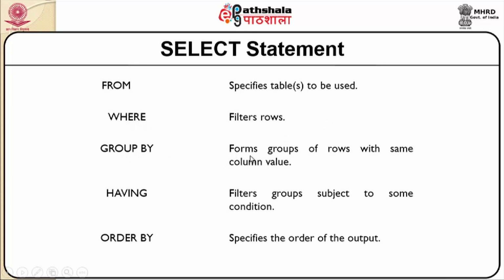GROUP BY forms groups of rows with some column value. HAVING filters groups subject to some condition, and ORDER BY specifies the order of the output.